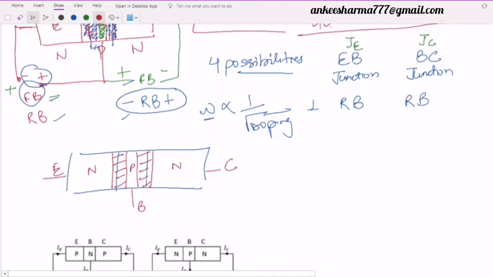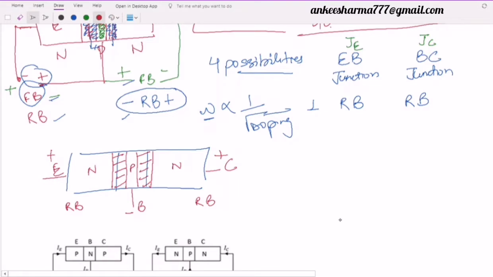So as I said, it will be both reverse biased. So I will have reverse biasing over here. Due to this reverse biasing, what is going to happen? Emitter is going to have positive, and P is going to have negative. Over here again N is there, so it is going to have positive and the other will be negative. Now we will just look at these two things, that is positive and this collector is also positive.